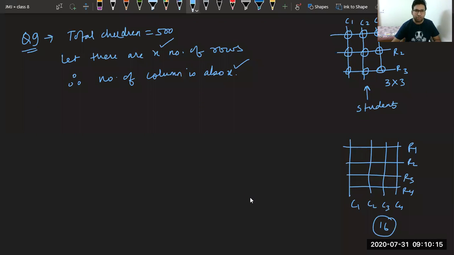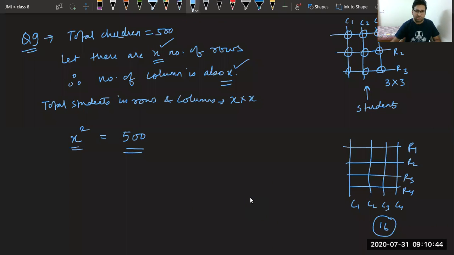Similarly, if we have x number of rows and x number of columns, the total students in rows and columns combined will be given by x into x, that is x square. Now we have to take them equal to 500. These students should be equal to 500 only.